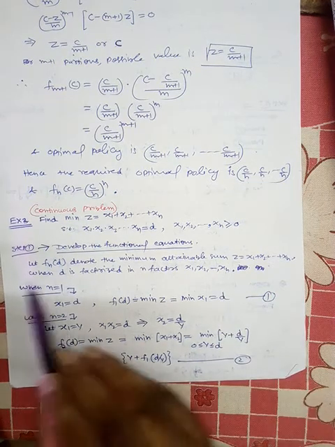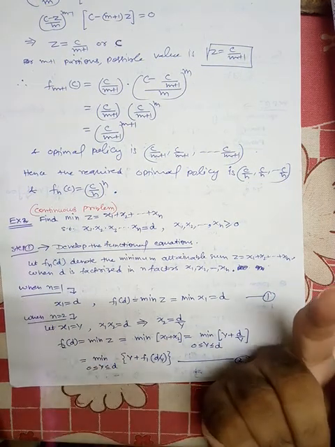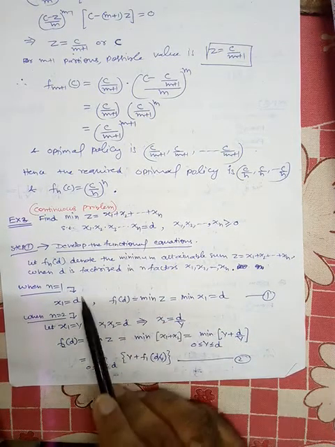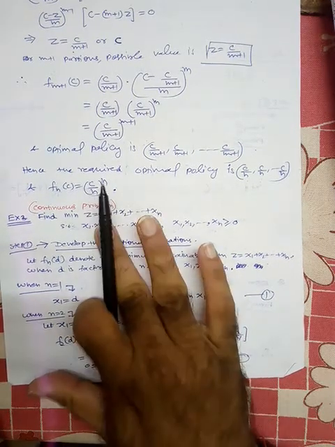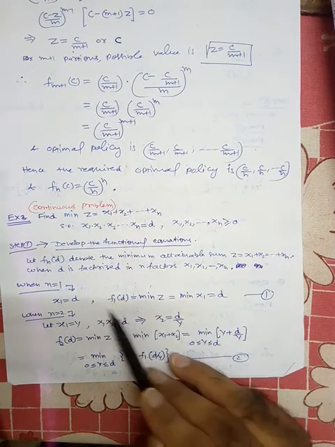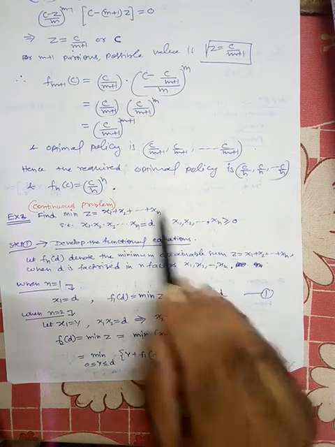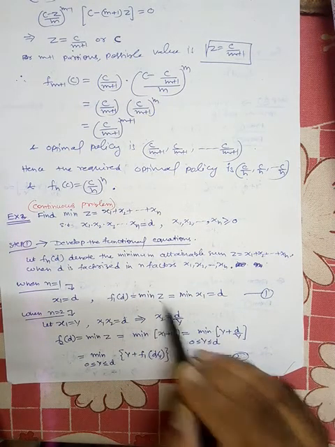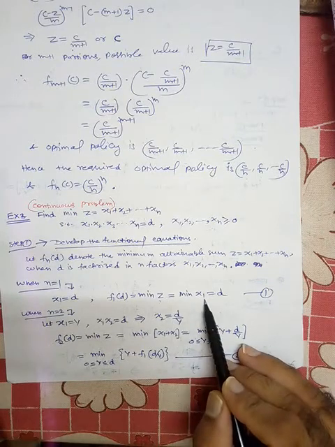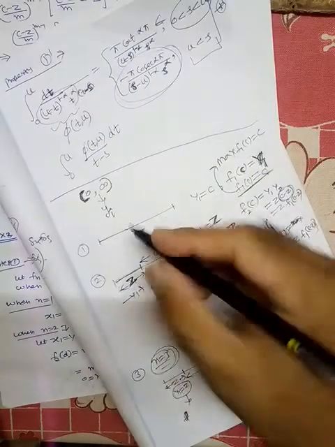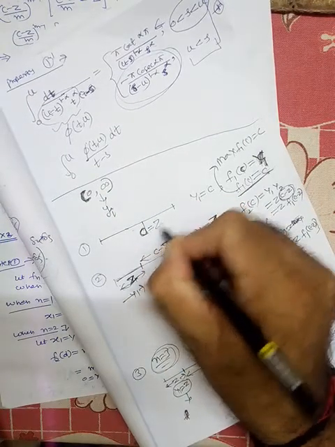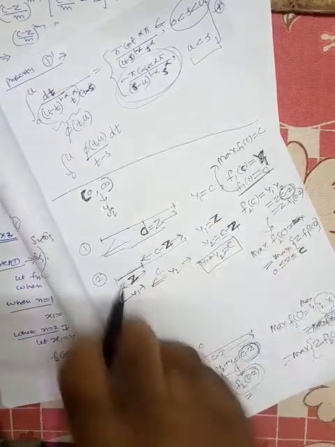ठीक. So when n is 1, जब एक ही पार्ट में फैक्टराइज किया, then according to this x1 is equal to d. केवल एक ही है, x2 x3 होगा ही नहीं, so x1 is equal to d. And f_1(d) is minimum of z. According to this, minimum of what is z? Z is basically x1, क्योंकि पूरी क्वांटिटी d is entirely given to z. ठीक.